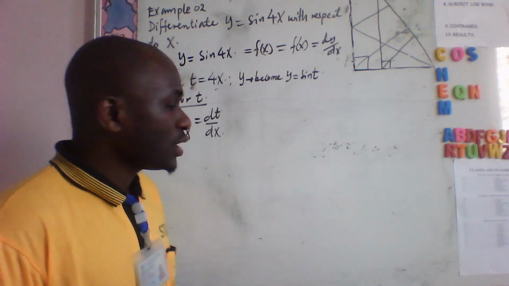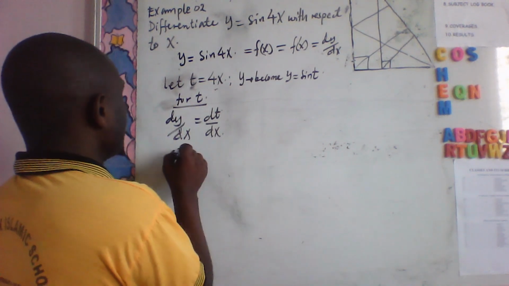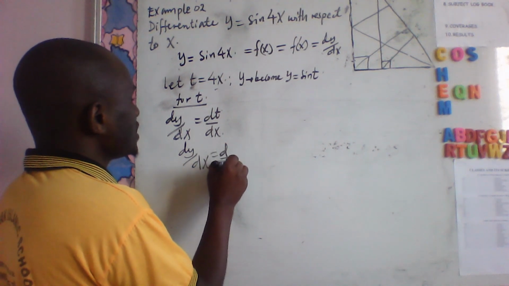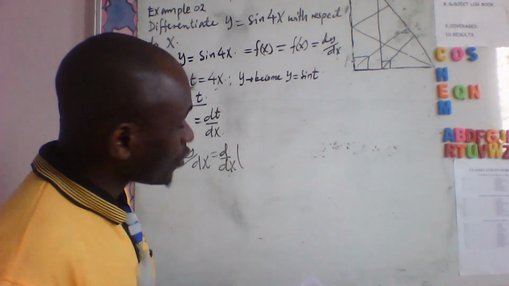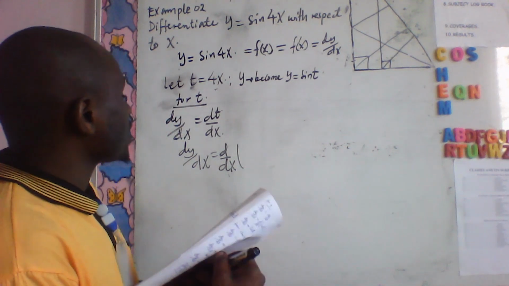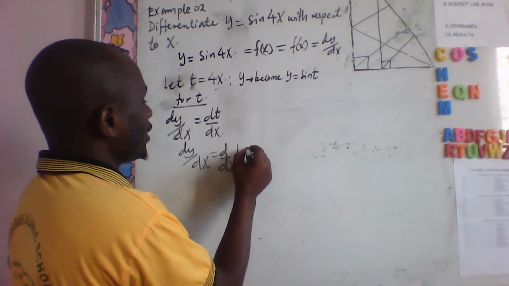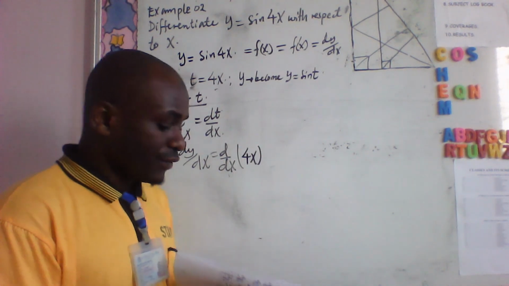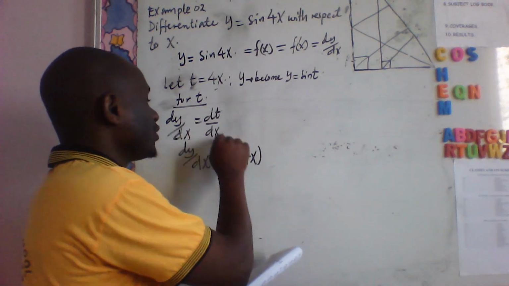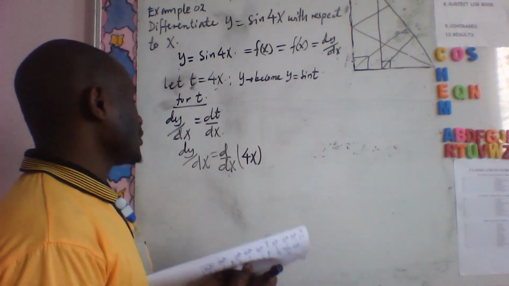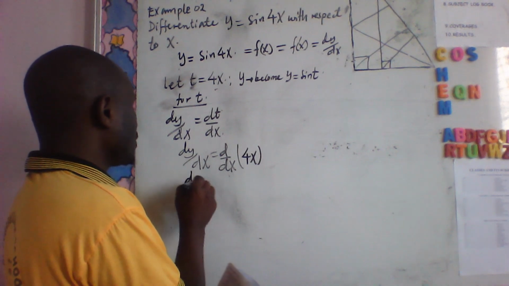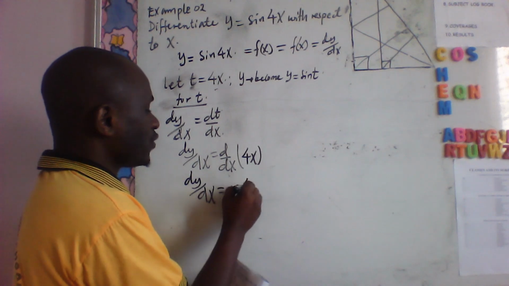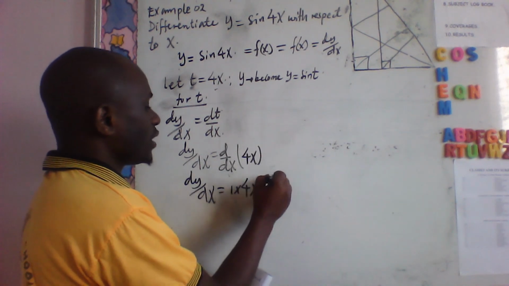So dy over dx is equal to d over dx of the bracket 4x. So our task here for t is to differentiate dt over dx. So dy over dx is equal to 1 times 4x to the power 1 minus 1.